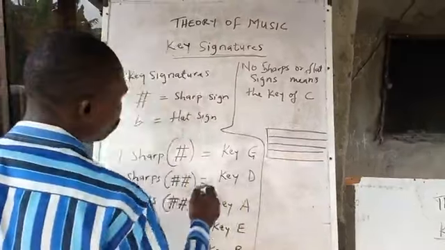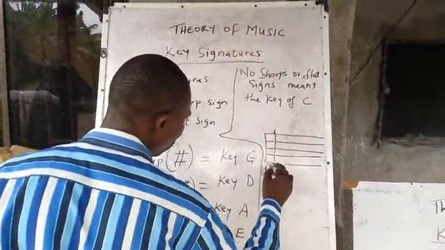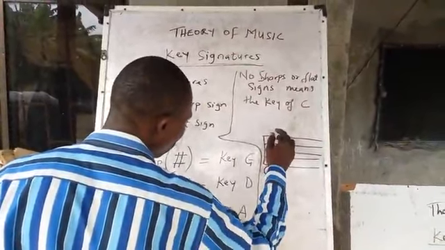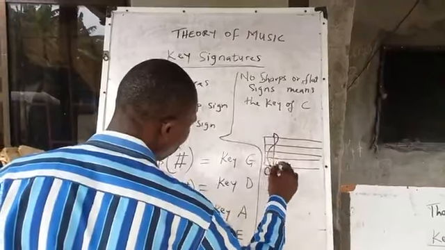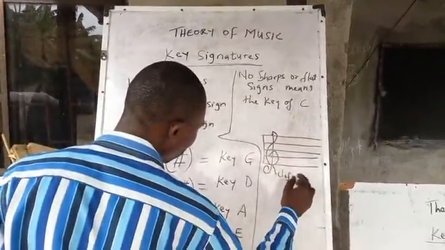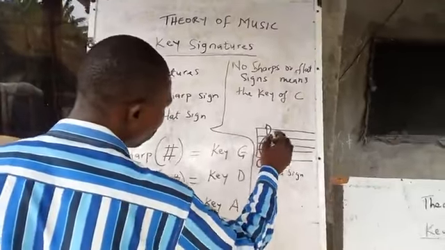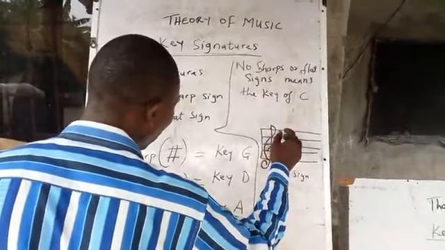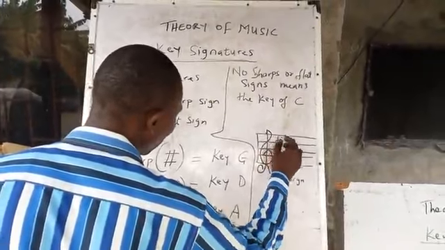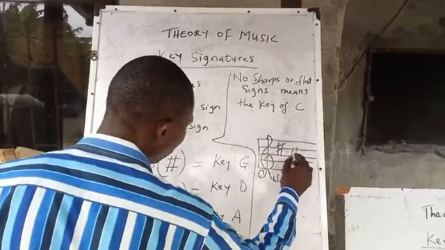I will show you something like this here to indicate what we call the clef sign. This is the clef sign that we are talking about. After this clef sign, you can have some signs like this, either sharp signs, or another one placed like this.